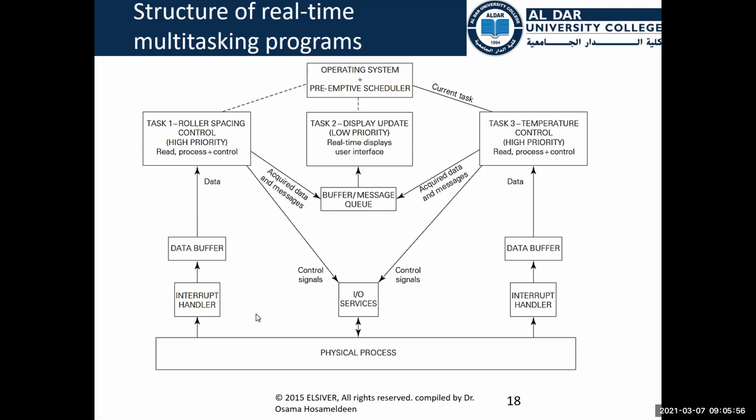It's like a message system, messaging between processes. For example, if task 3 has information about temperature, it should be transferred to task 2 in a message. And then this buffer is displayed to the physical world, which is a monitor.